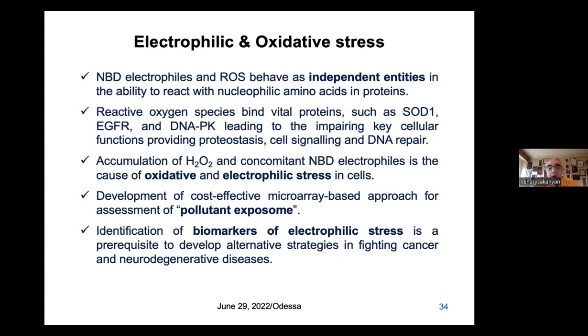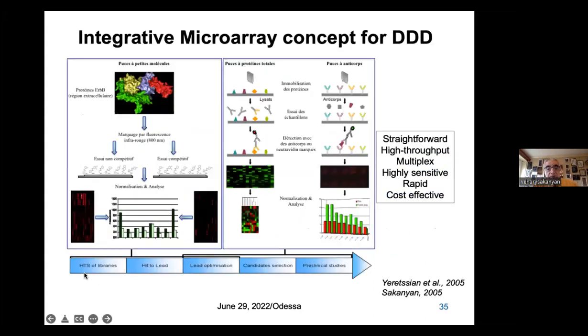So identification of biomarkers of electrophilic stress is a prerequisite to develop alternative strategies in fighting cancer and neurodegenerative diseases. I should like especially to mention this because there were attempts to use embodied compounds as an antioxidant, and at least four important studies in different countries stopped doing that because our data indicated that the formation of these reactive electrophilic species leads to the binding to different proteins.